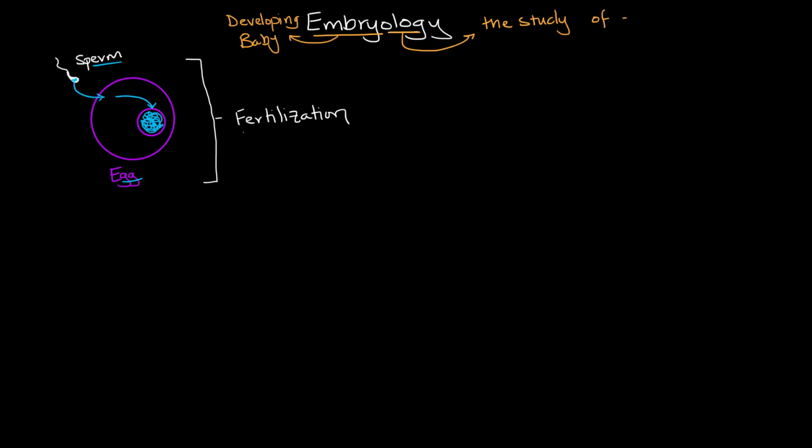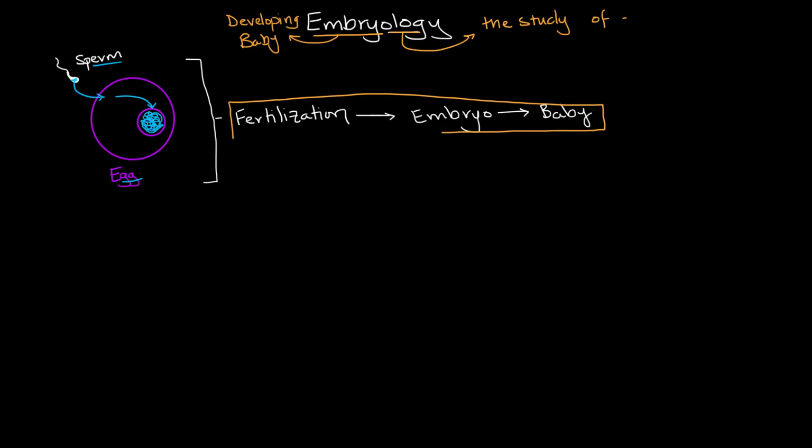After the egg's been fertilized by a sperm, this becomes an embryo. And then this embryo will continue to develop until birth, when it becomes a baby. So this whole process of fertilization to becoming a baby, all of this is embryology.